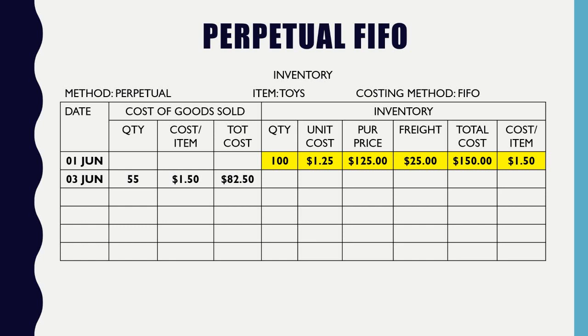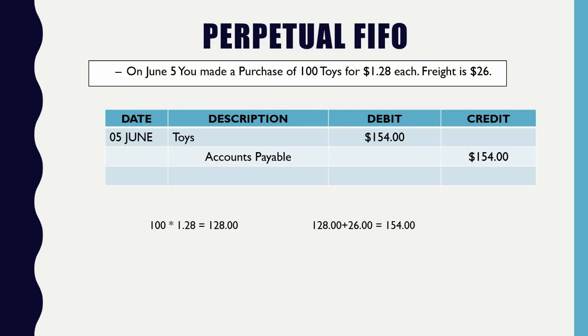And what you're going to do here is, because you sold and got rid of 55 items, you're going to take those 55 items and subtract them out of the inventory that you have. So when you calculate this, you should now have only 45 items left available at a total cost of $67.50, which still holds $1.50, okay?